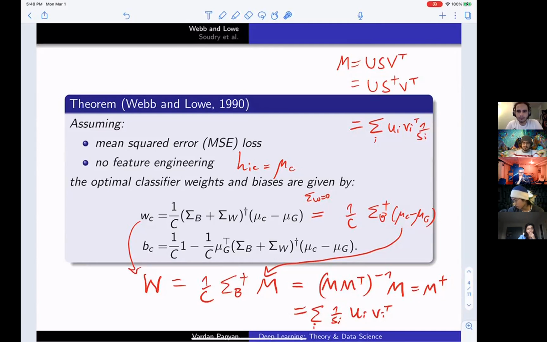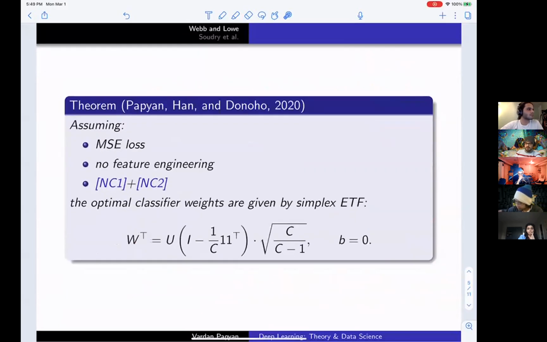So what this means is that the optimal classifier, even if sigma W is equal to 0, is not an ETF. So you do not get neural collapse even if the within class covariance is 0. What you can do, however, is assume 2 things. You can assume NC1, which means that the within class covariance is 0, and you can assume that the class means are a simplex ETF.